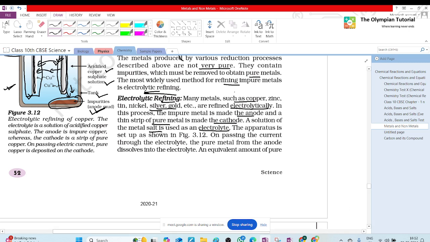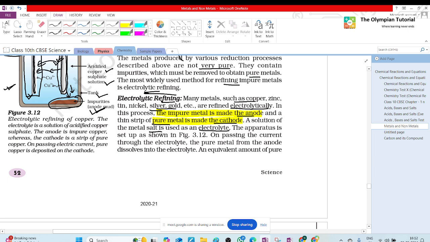Copper, zinc, tin, nickel, silver, gold. These are refined electrolytically. What happens in this process? The most important thing: impure metal is made the anode, and pure metal is made the cathode.